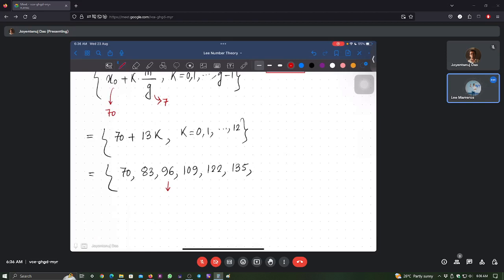From 96 onwards, 96 modulo 91 is 5. Then what about 109? It is 18.